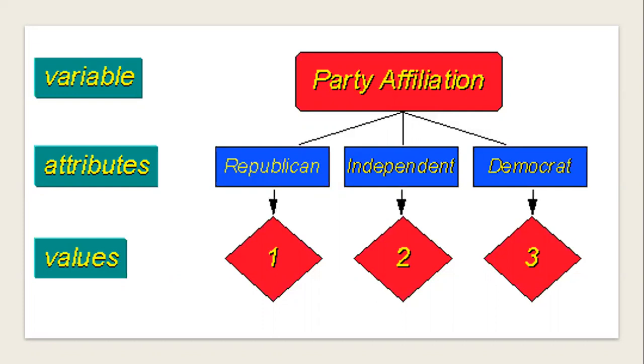For the purposes of analysis, we can attach values to each of these attributes, where one can be used to represent the category Republican, two can be used to represent the category Independent, and three can be used to represent the category Democrat. However, each of these categories do not have a mathematical meaning associated with them.